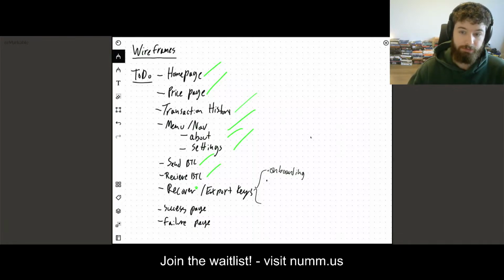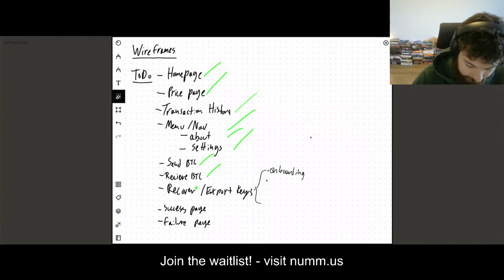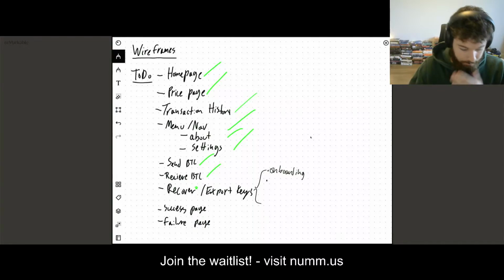Like River, on their onboarding page, when you install the app, it's literally the logo. Here, I'll show you. It's logo, price of Bitcoin, sign up, login. That's it. That's literally it, which is great. And they probably spent a lot of time and money trying to optimize that to be as easy as possible.